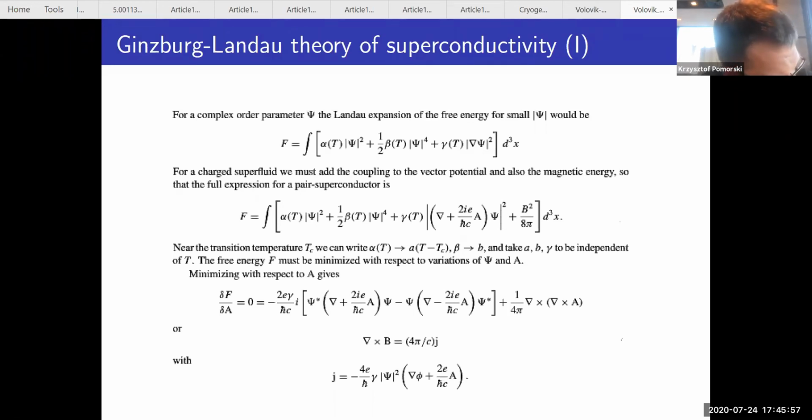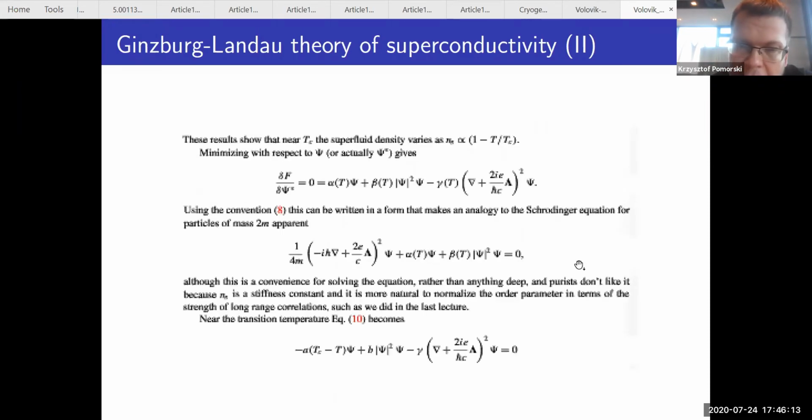But of course, there is a hidden assumption here that you are close to the critical temperature, so your superconducting or superfluid order parameter is not too high. So that's a hidden assumption, and you can forget about higher terms. All right, and then obviously, as I mentioned, you compute the derivative of the free energy functional with respect to the wave function, and you obtain the Ginzburg-Landau equation of superconductivity.